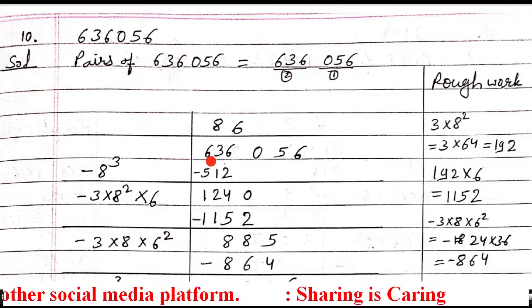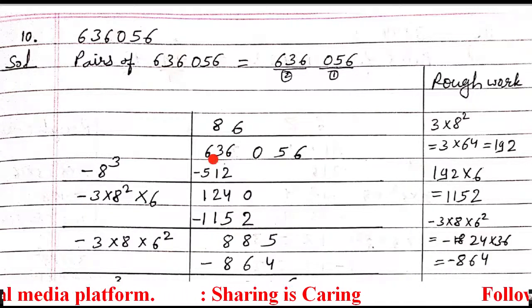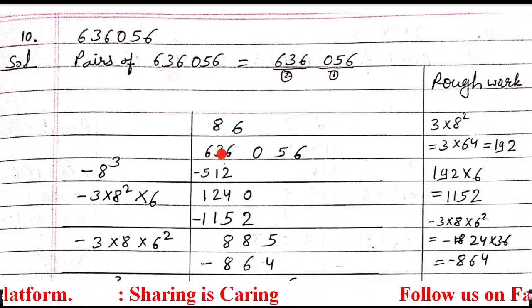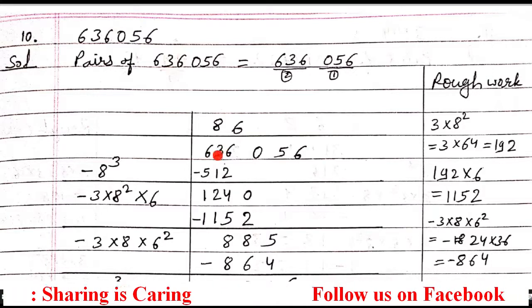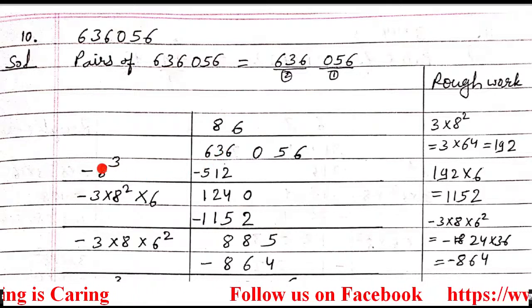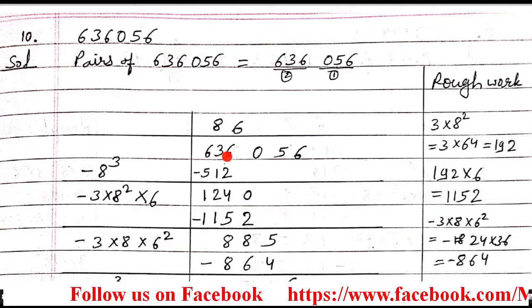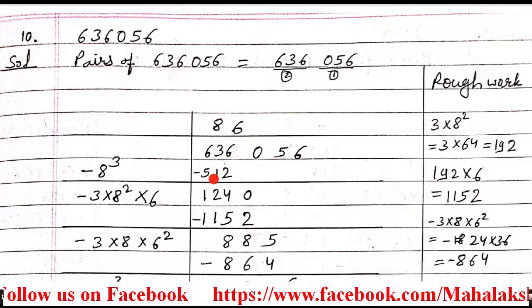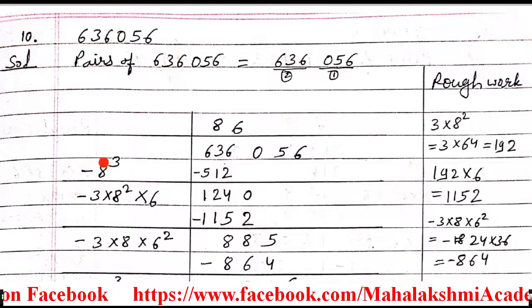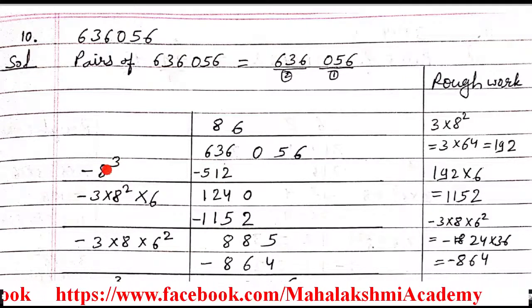We have to think of a number whose cube is either 636 or just less than 636. So students, 8 cube is 512, which is just less than 636, because 9 cube is more than this. That's why we selected 8 here. I am repeating how we selected 8.